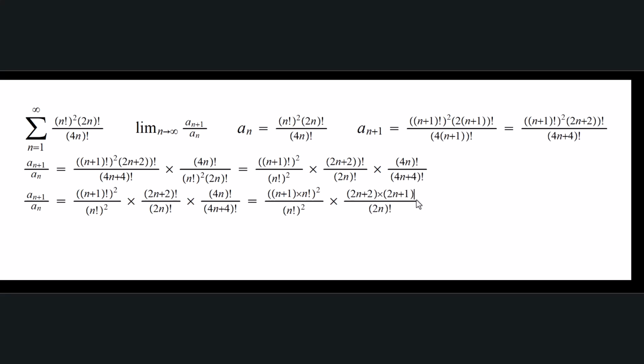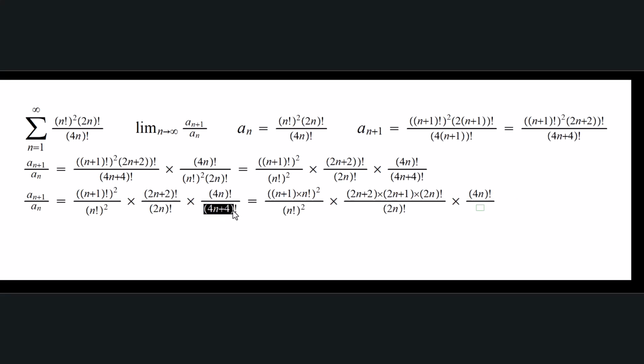So this is 2n factorial that comes up there. And at the end, this time we have to do the expansion in the denominator. This is bigger than the numerator.